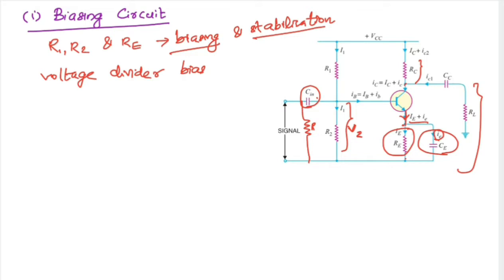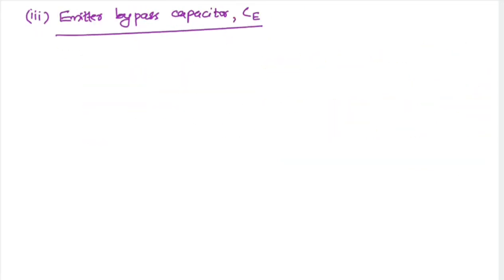So we always connect an electrolytic capacitor or bypass capacitor across RE so that the AC signal will pass through this and not much voltage drop of the amplified signal will come across RE. So the role of the emitter bypass capacitor is very important.